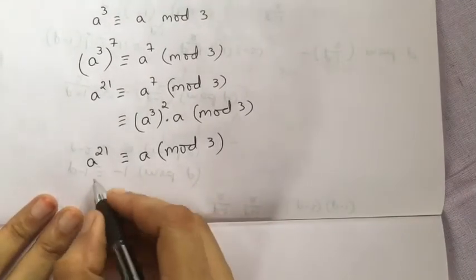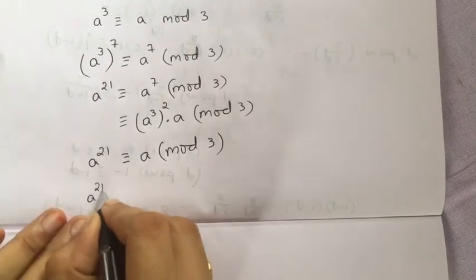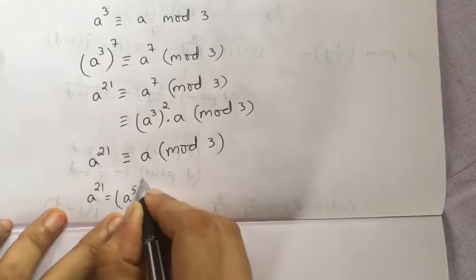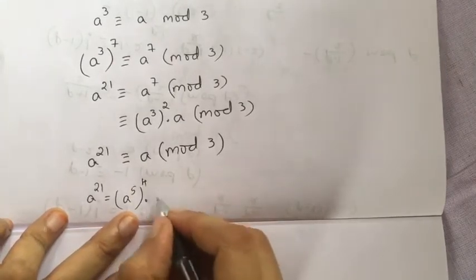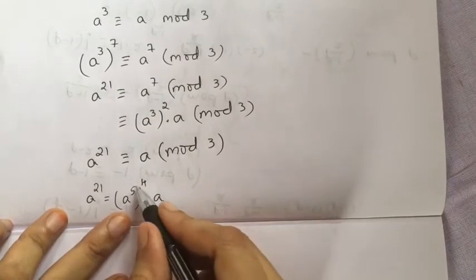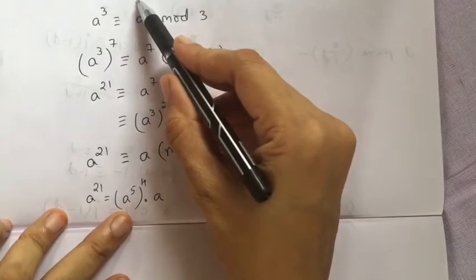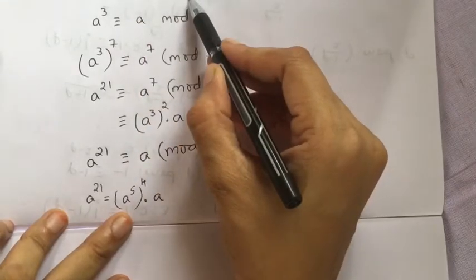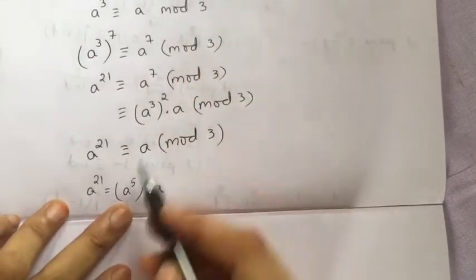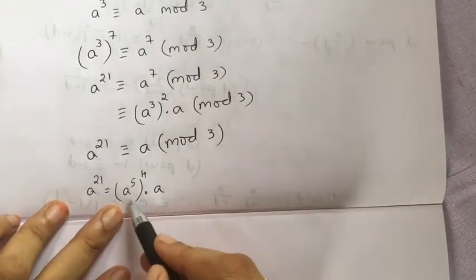Similarly, a power 21 I can write as a power 5 to the power 4 into a, right? This a power 5 is congruent to a mod 5. So this is congruent to a mod 5.